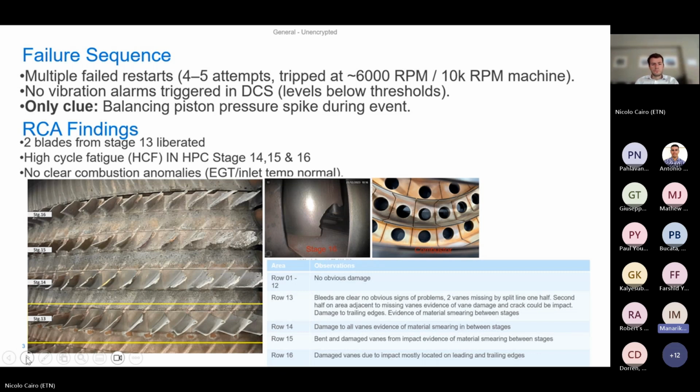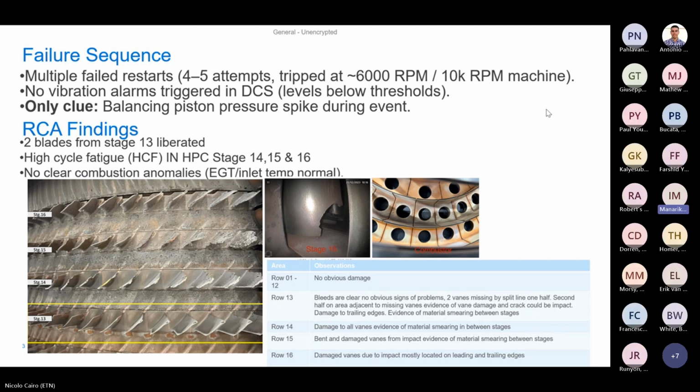So during the RCA, we found out a couple of blades have been liberated from stage 13, and they migrated and then caused the damage to other components as well. And we found out it's a high cycle fatigue.